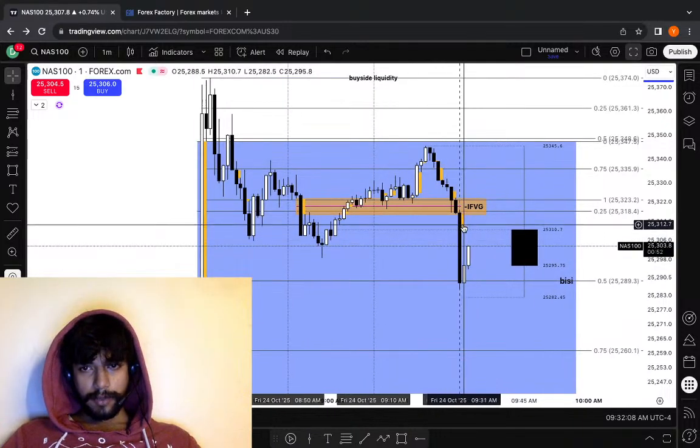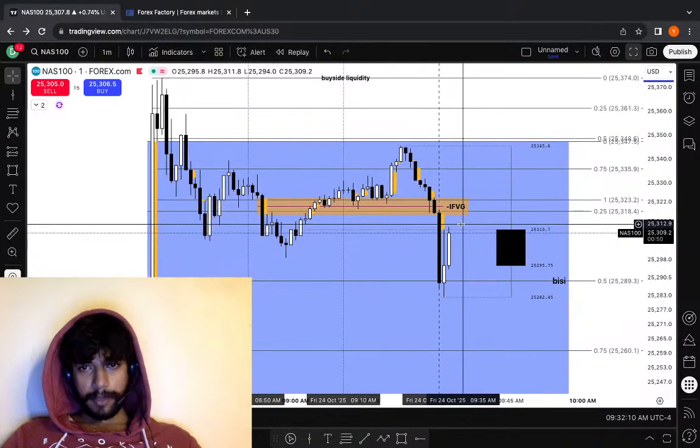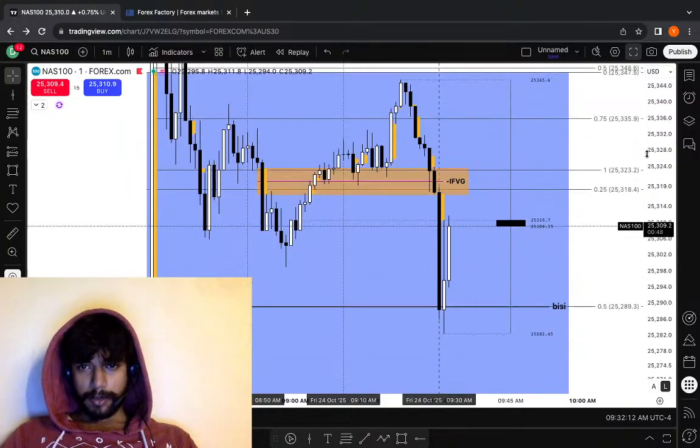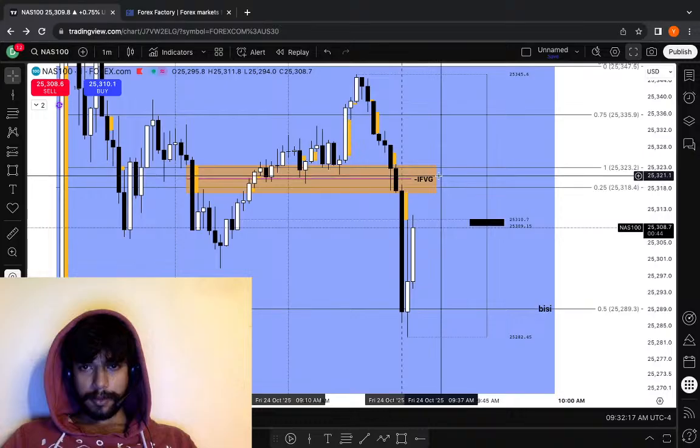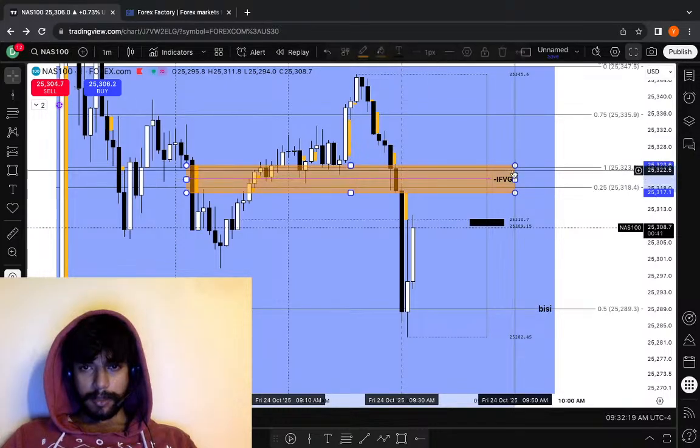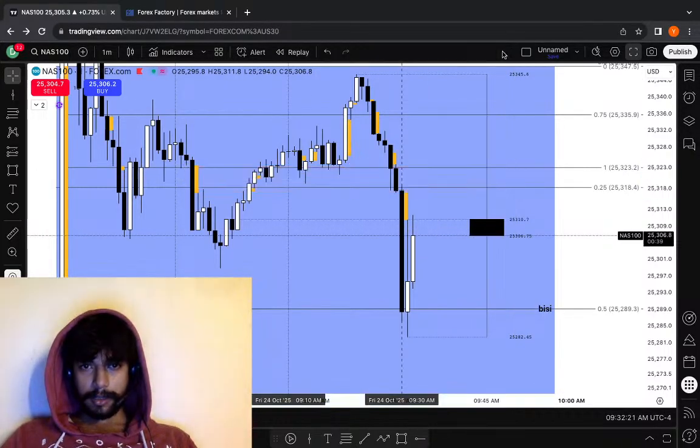Now this is the first presented fair value gap for today. Let's see how it's going to react off of this. I'm just deleting this for now.